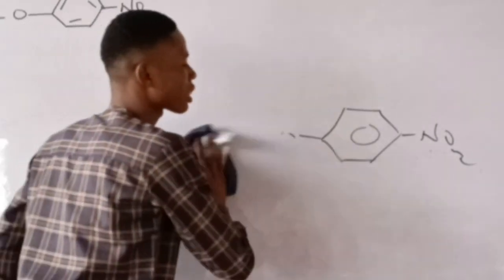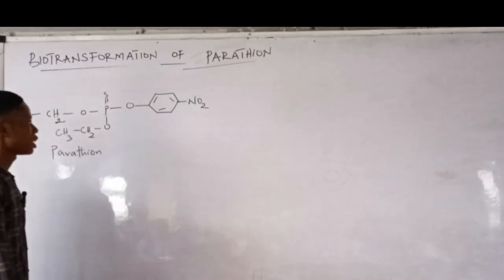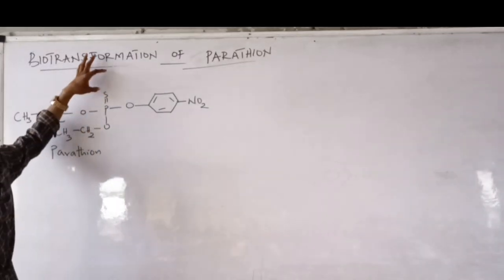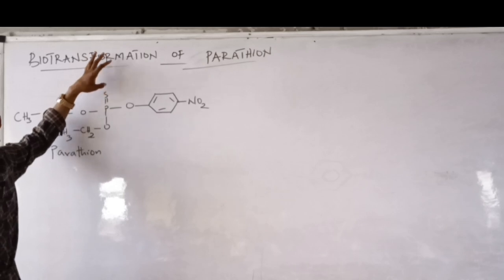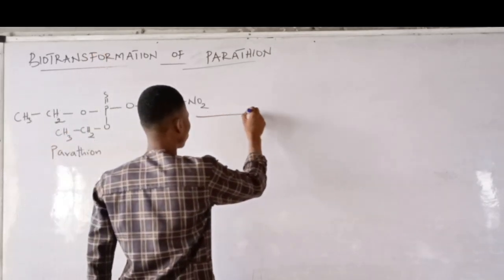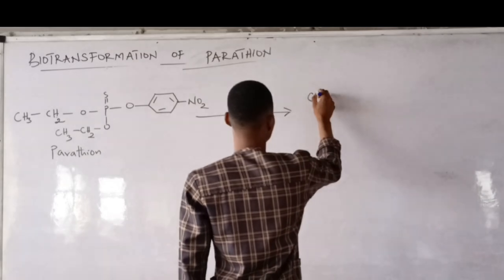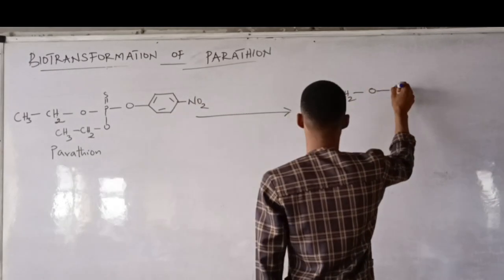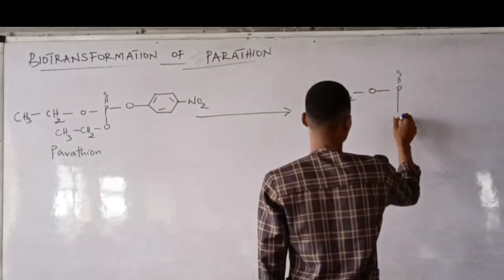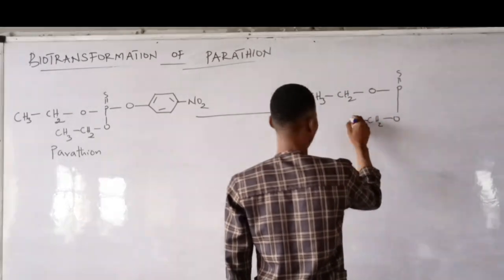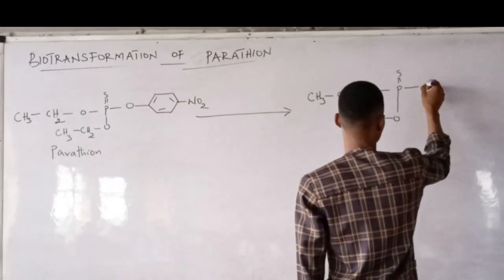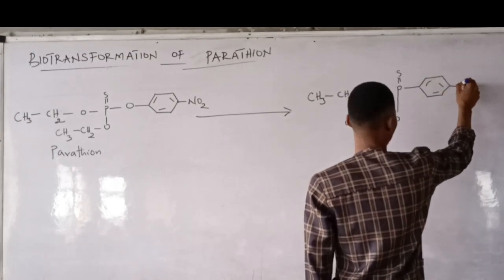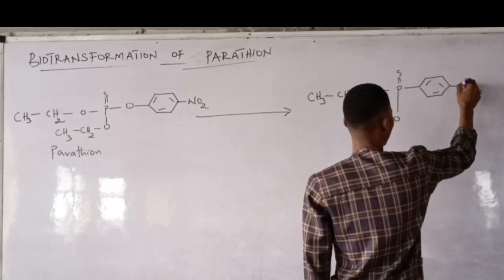Now, this parathion can undergo desulfuration, removal of sulfur. So if sulfur is removed, we will have something like this. What's the name of this structure on the board?